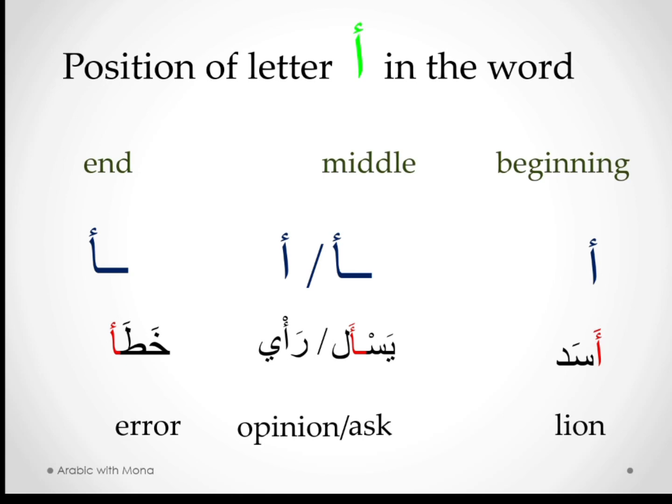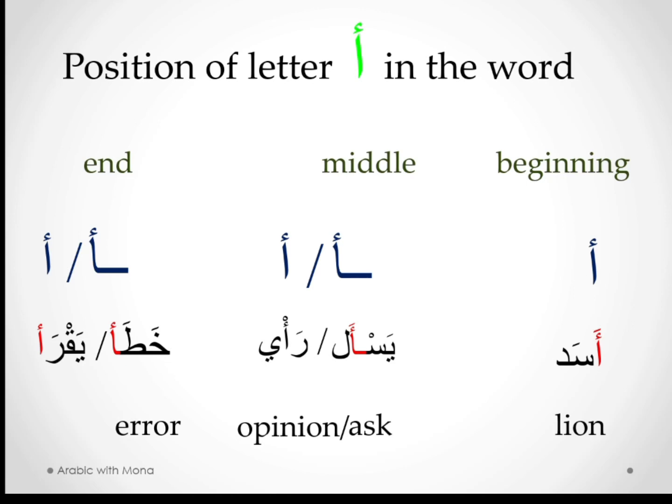Also, Alif letter at the end of the word can come in this form, like separate form. It can come like this if there is a naughty letter before it, like in the word يقرأ.